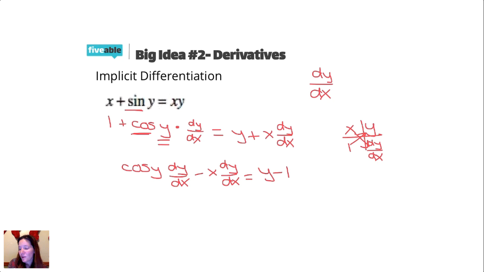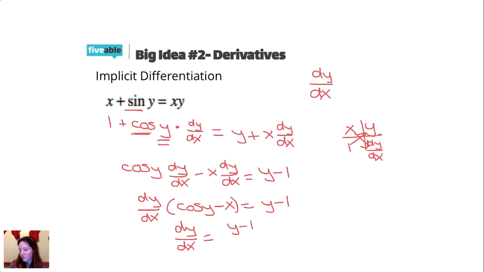And then you can factor it out. And once you factor it out, then hopefully you can see that to get it by itself, you just have to divide. So that's implicit differentiation.